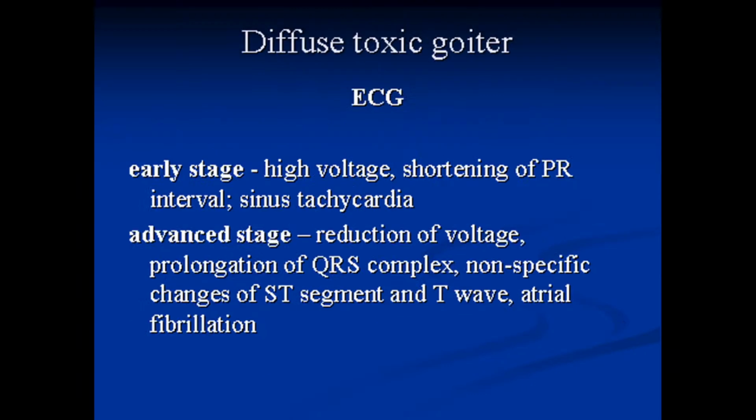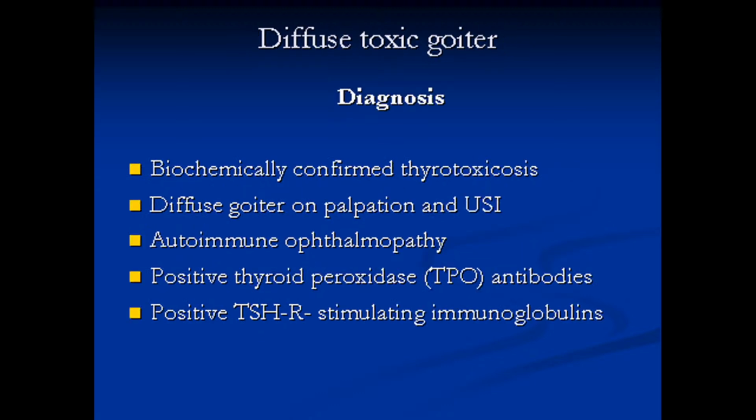And ECG is important to be recorded. There are very characteristic changes such as high voltage at early stage, shortening of PR interval, sinus tachycardia. At the advanced stages, we can detect reduction of voltage, prolongation of QRS complex, non-specific changes of ST segment and T wave, and in many patients there are signs of atrial fibrillation.